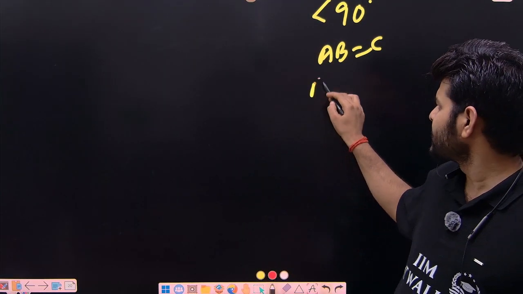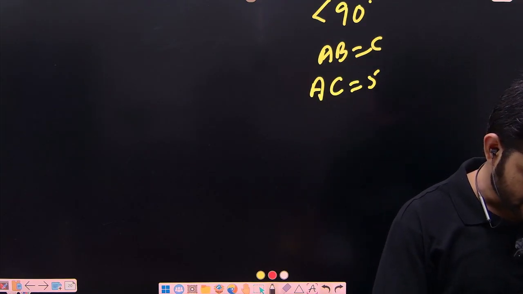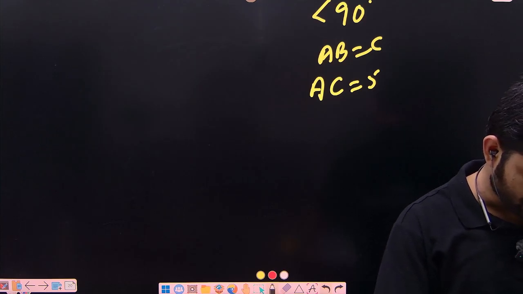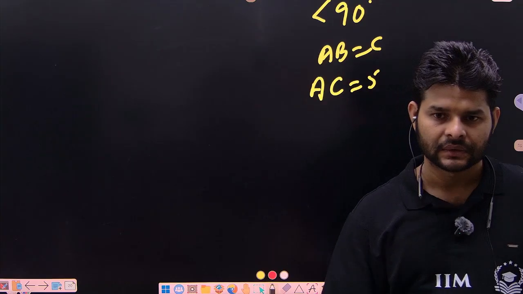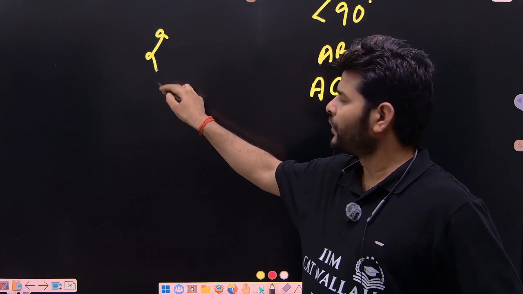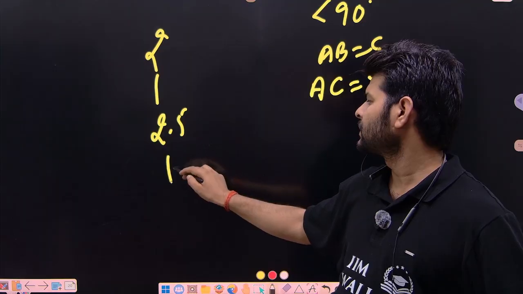AC is equal to 5 centimeter. Then find the radius of the incircle of ABC. Your options are 2, 1, 2.5, 1.5 centimeter.